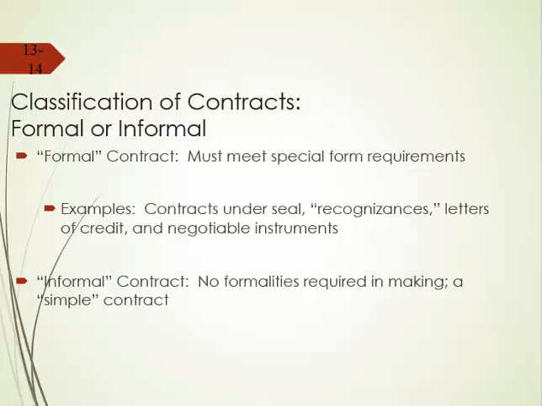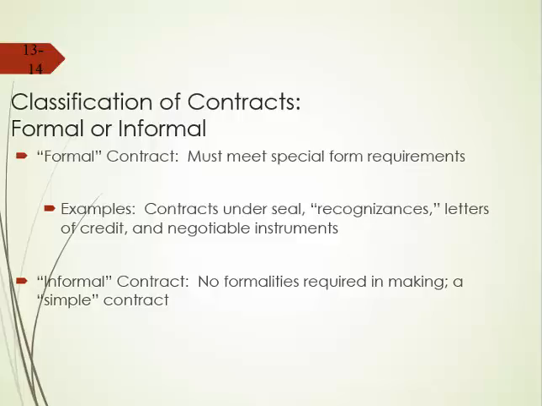Okay, so a couple more ideas about classification of contracts. Contracts can be formal or informal. Formal contracts, I want you to think of things where banks are involved, a negotiable instrument, a mortgage, a loan, a line of credit, and these are all important for businesses.